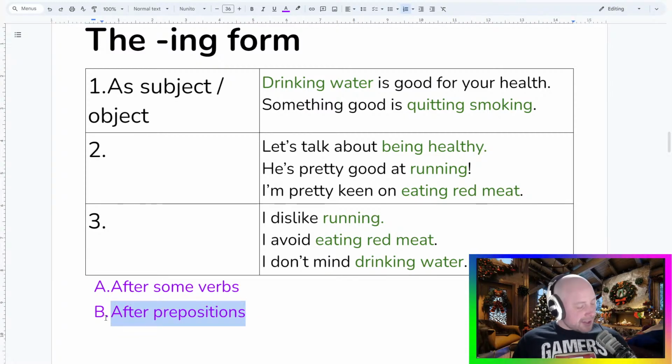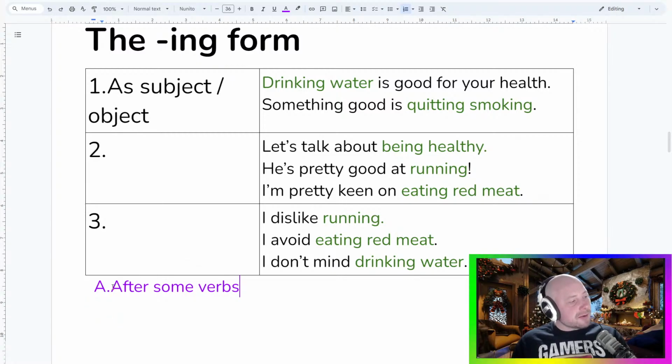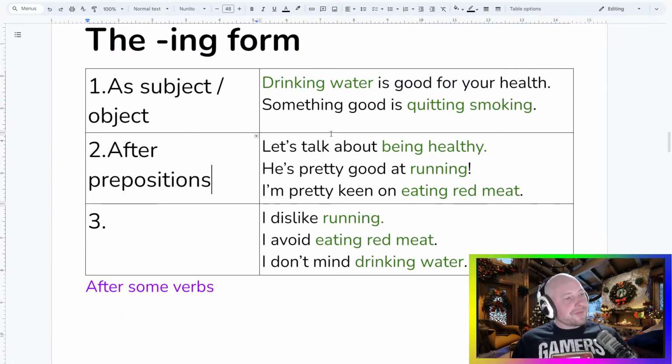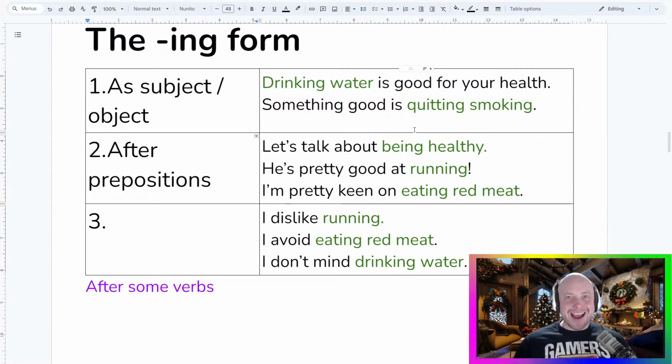Number 2 is actually after prepositions, which was C. And of course, after a preposition, you use a noun. In fact, prepositions are more or less defined by that purpose. A preposition is a word which usually connects a verb or noun to another noun.